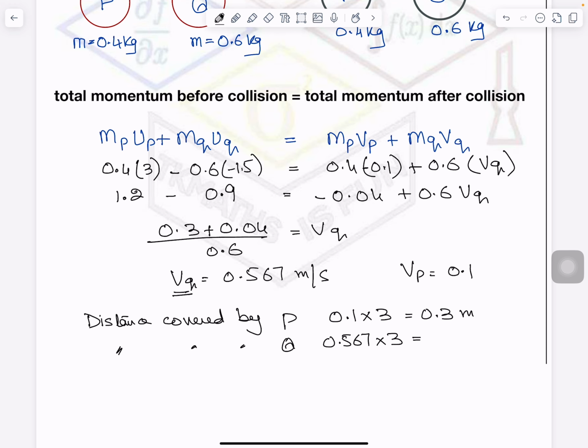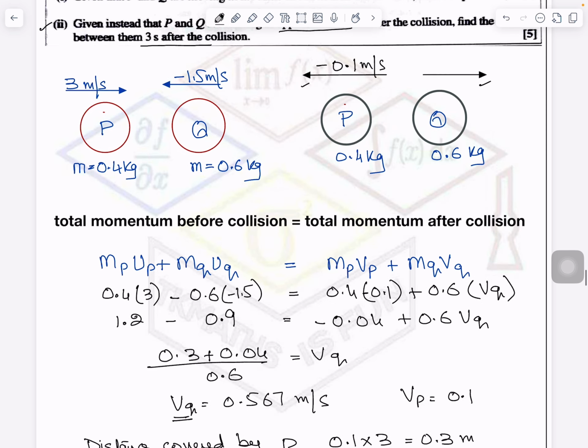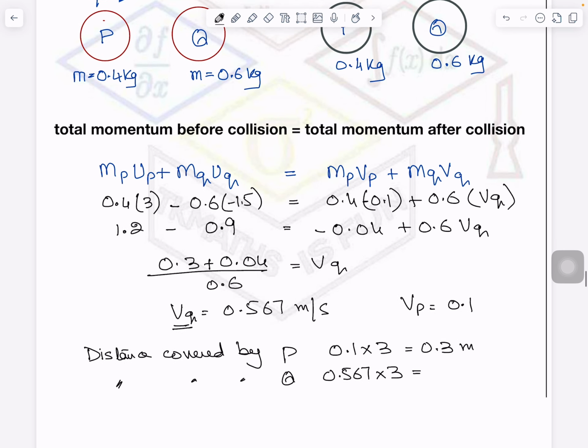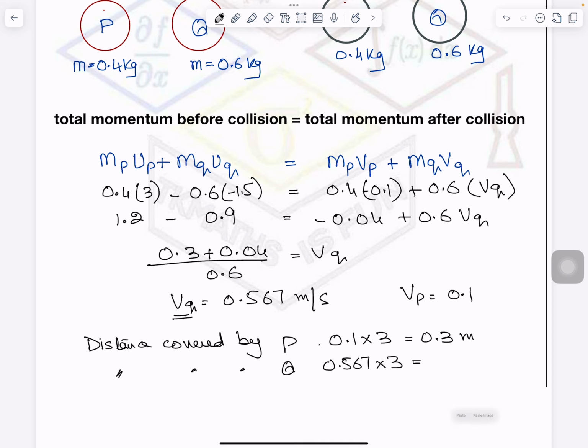Let me take the calculator. By the way, it is in the opposite direction. P is negative, so it is on the left hand side, and this is positive, so it is 1.7. What I mean to say is, one is going in this direction, the other is going in this direction, so we have to see basically the distance between them.